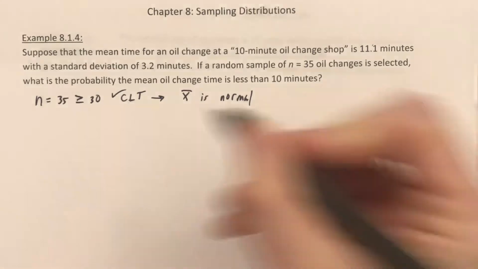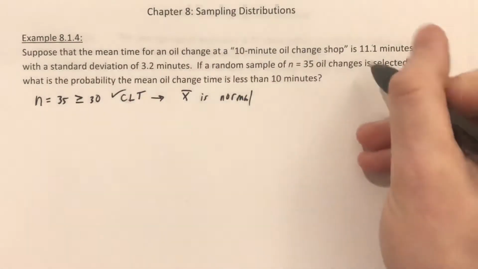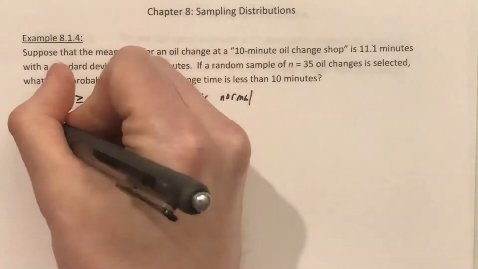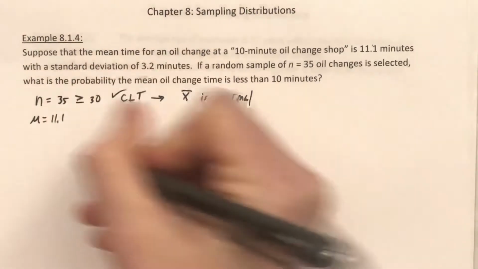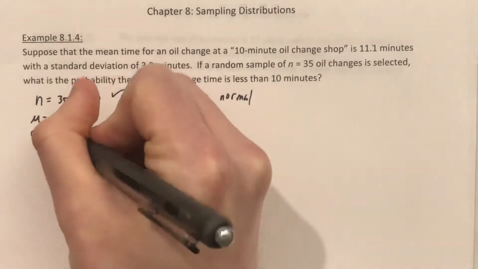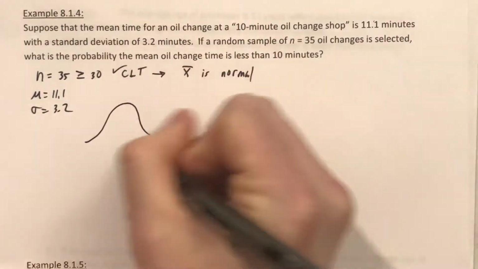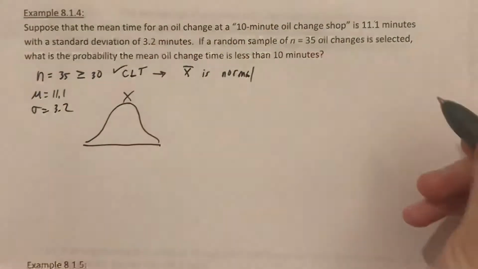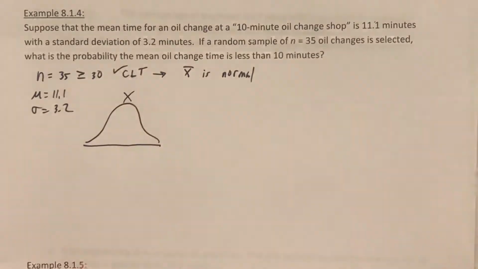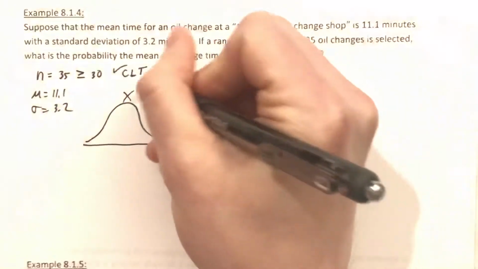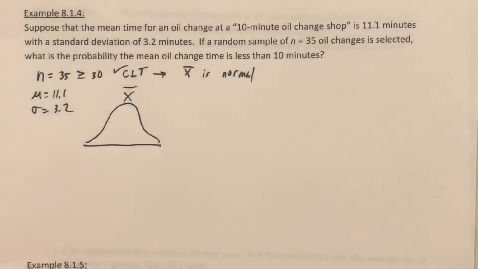So if that's the case, let's label the two other pieces of information we knew. We knew the population mean was 11.1 and the population standard deviation is 3.2. But what this means is we can draw this picture not for X. We do not know the oil times themselves are normally distributed, but we do know the means of them are.